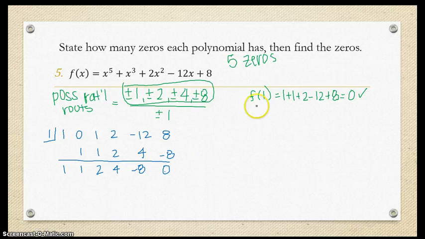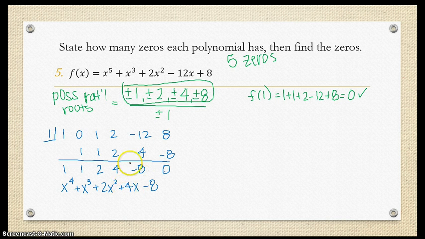Since I already plugged 1 in up here and I got the answer of 0, I am expecting this remainder of 0, but I still need to do the synthetic division so that I can start breaking down my polynomial, because this will now be x to the 4th plus x cubed plus 2x squared plus 4x minus 8.